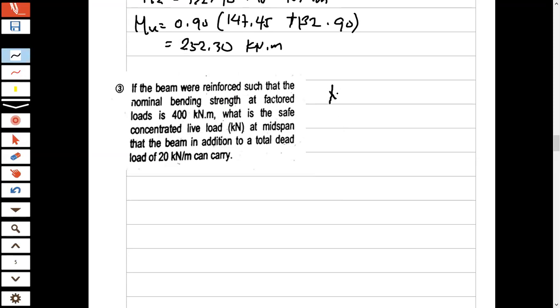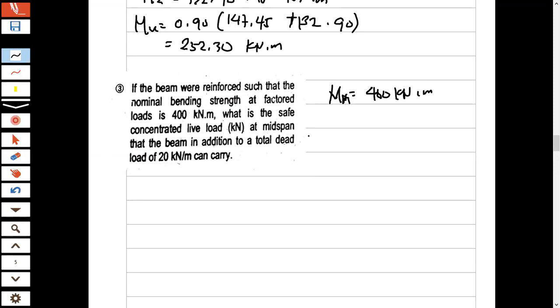So even if you could not answer the previous problem, this is an isolated question. In other words, given is 400 kilonewton meter at factored load, nominal pa lang. So it's Mn.